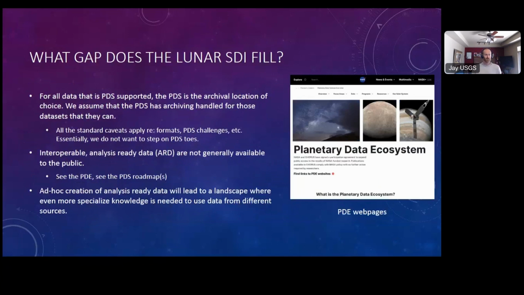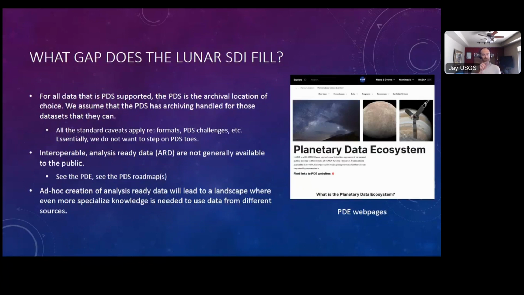So what gap are we filling? First, PDS does an absolutely remarkable job. It is obviously the archival location of choice. We're working from a position where we say the PDS is for archived data. And those data can be challenging to pull from the archive, process to a form that's usable, and then perform your analysis.